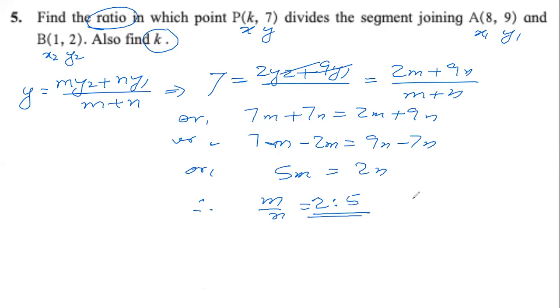From here, we can say that we can use M equals to 2x or 2k or 2a, something like that. We will not say M equals to 2. That will not be perfectly right. We cannot say M equals to 2 and N equals to 5 because these are ratios.